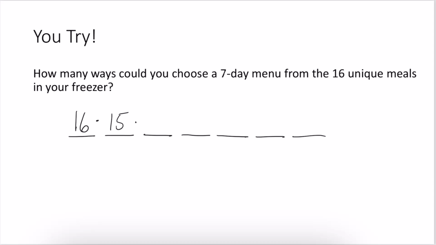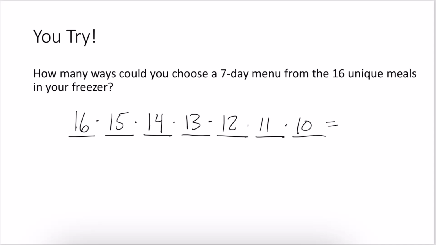And then our third choice could be any of the 14 remaining meals. The fourth choice could be any of the 13 remaining meals, 12, 11, and 10 for the last meal. And when you multiply all those together, 16 times 15 times 14 times 13 times 12 times 11 times 10 ends up giving you a very large number.